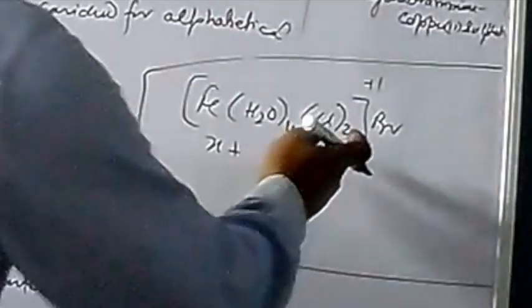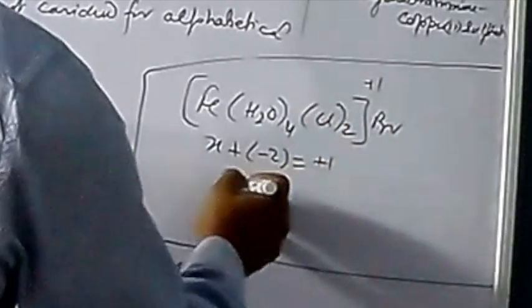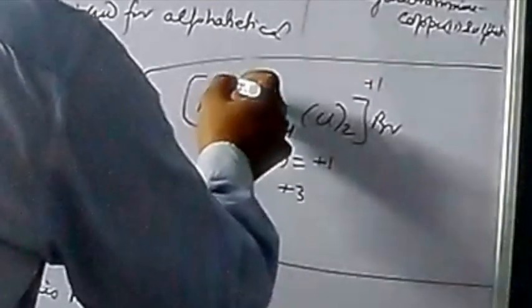Now let us find out the oxidation number of iron. X. Class, you all know water is neutral, so neglect water. 1 chloride has -1 charge, so 2 chlorides -2. This must be equal to what? +1. In the next step, I get the value +3. So iron is sitting here at 3. Now we have 2 ligands over there. One is your aqua, the other one is your chlorido. So I will start with aqua.